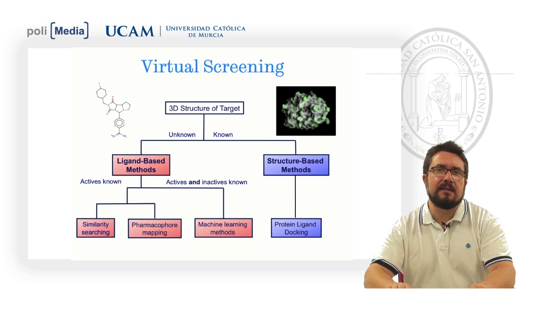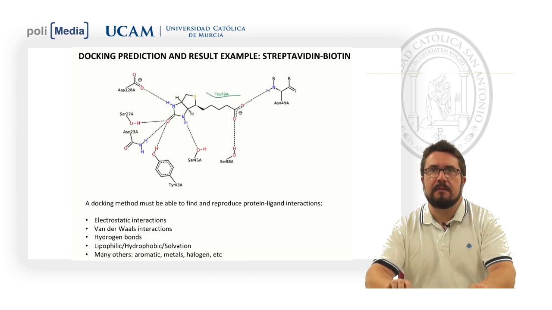So these are the so-called ligand-based methods, and then we have similarity searching, pharmacophore mapping, machine learning methods. These methods are usually a bit different in the ideas, the way in which they are applied to the problem, but usually the best approach is to apply both of them at the same time.